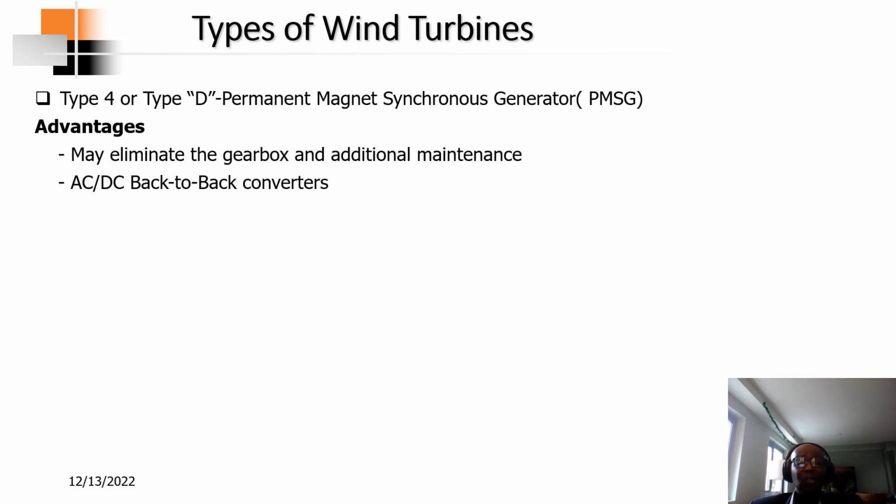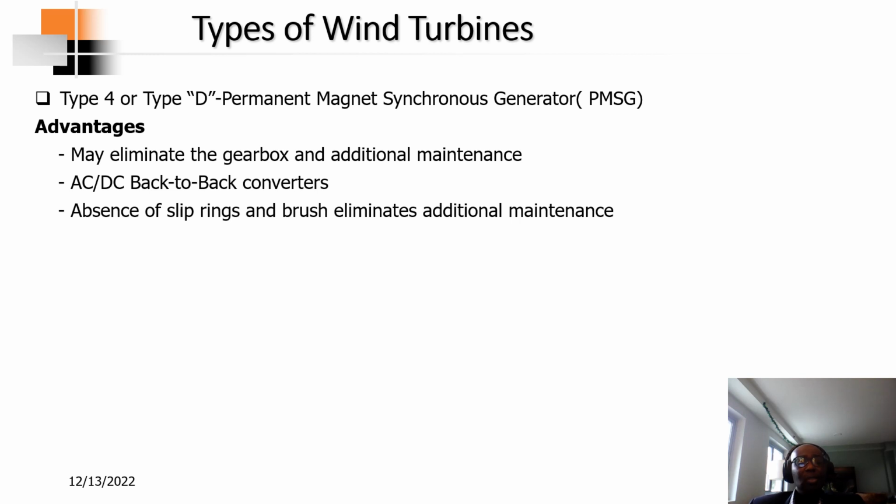The Type 4 has fully rated converters, which translates into higher losses. The absence of slip rings and brushes also reduces maintenance, as I made mention. So this becomes the best candidate for offshore wind farm capability.